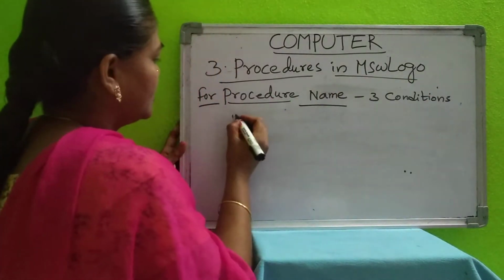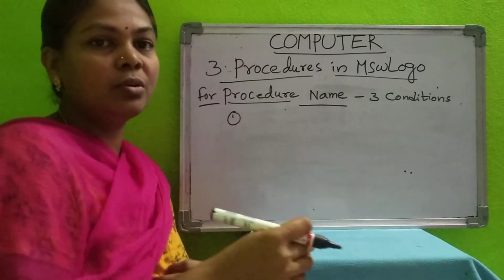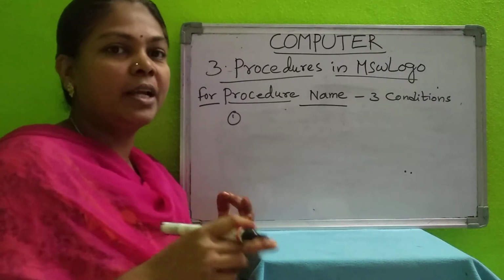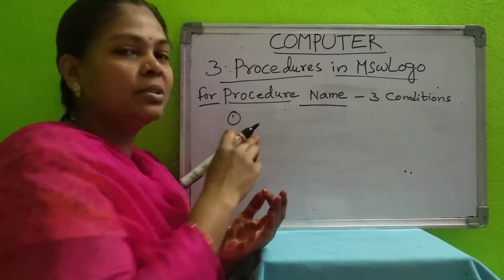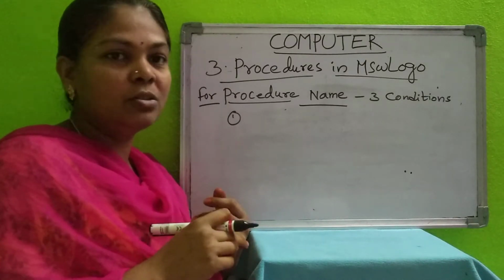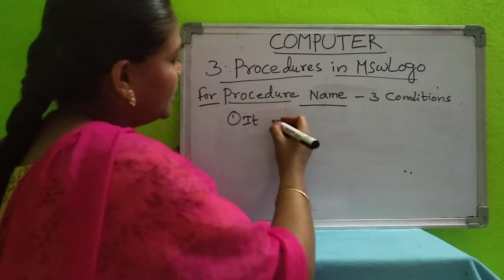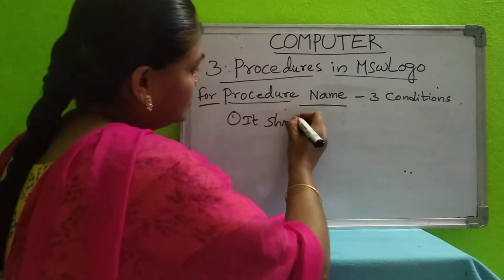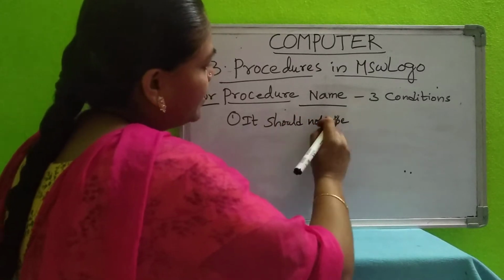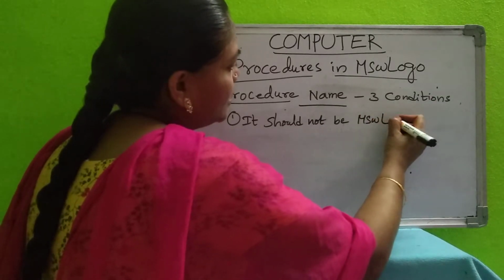So the first condition is the procedure name should not be any MSW logo command. That means you should not give forward, right, left like that as the procedure name. Whatever shape you want to draw, only that name you have to give. So the first condition is it should not be any MSW logo command.